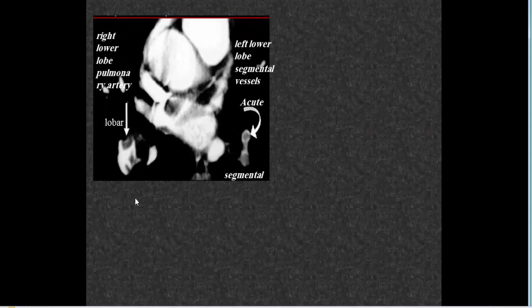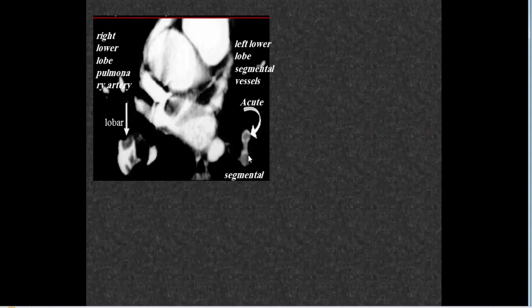Next image: this is the right lower lobe lobar pulmonary artery, with areas of intraluminal filling defect. These are the left lower lobe segmental vessels. This is acute pulmonary embolism.